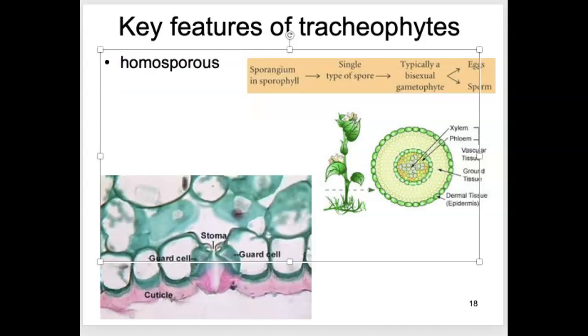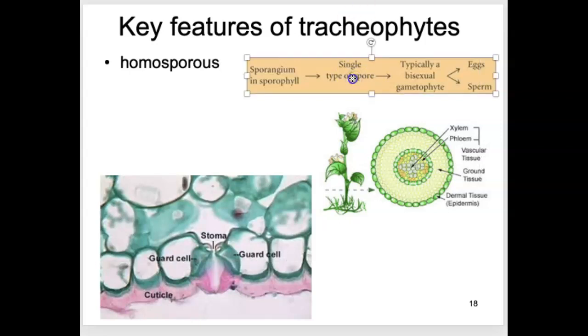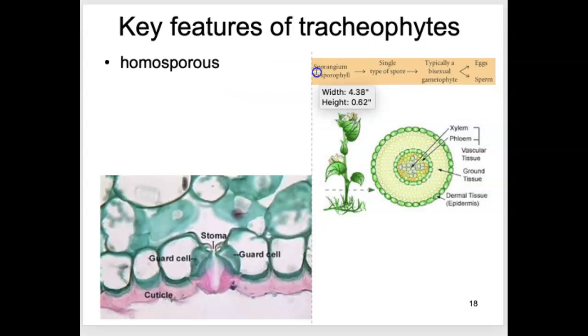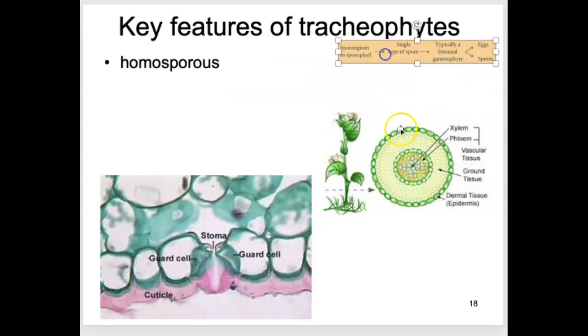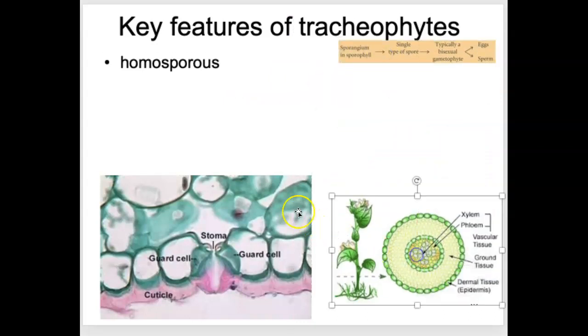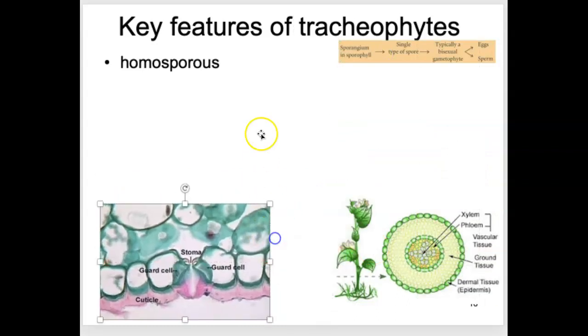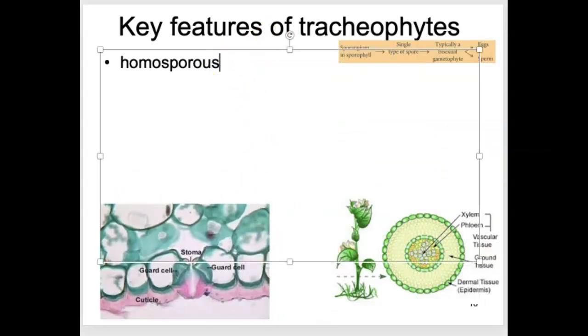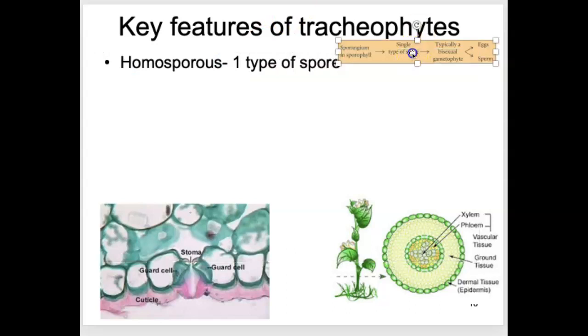Okay, so let's start with key features of tracheophytes. First one is called homosporous. I'm going to move some of this stuff so we have more room. Homosporous means you're producing one type of spore.